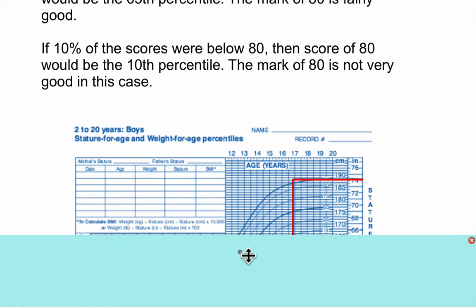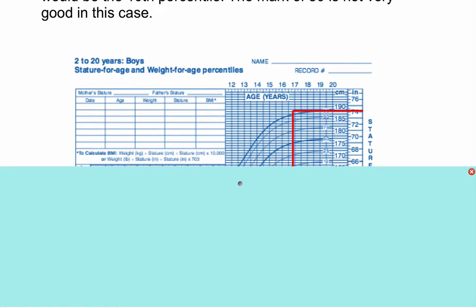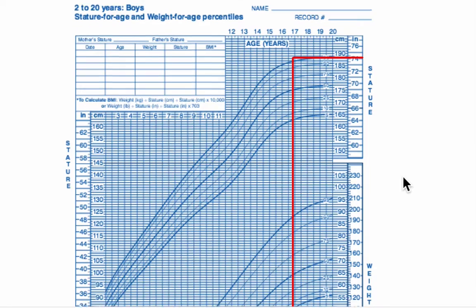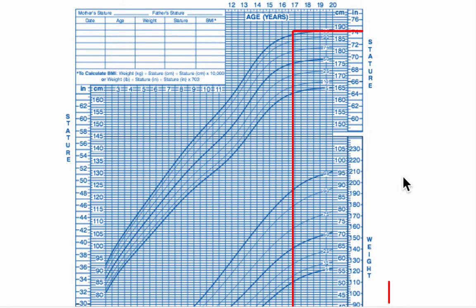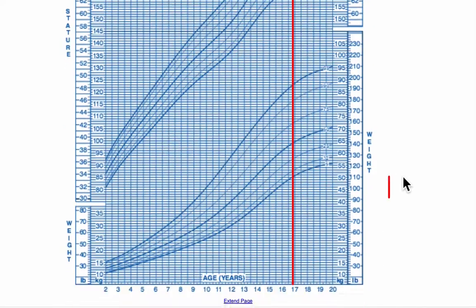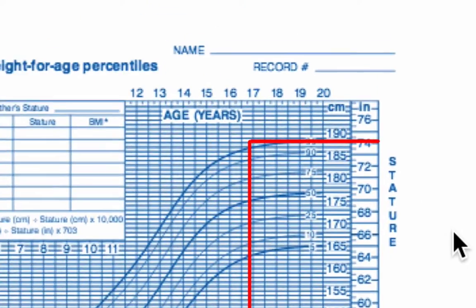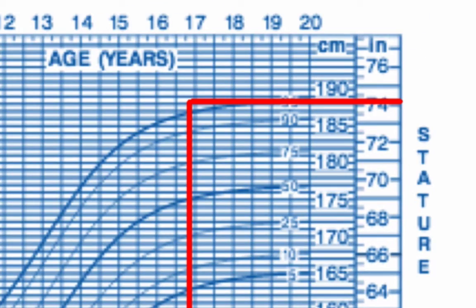So if we take a look at this, now this is a growth chart, and doctors quite often look at these as you're growing. And this is for boys from 2 to 20.